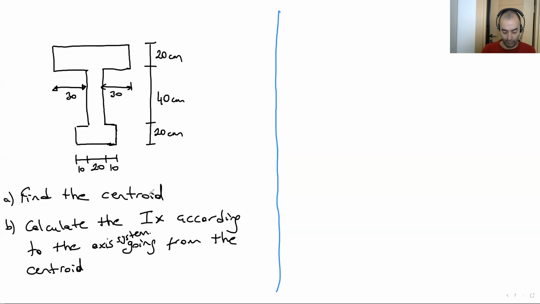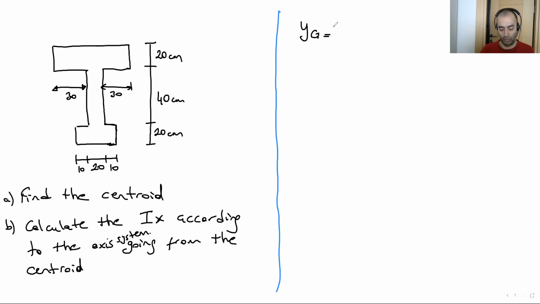To check your calculations, I'd like to give you the results. YG, the centroid location in the vertical direction. In the horizontal direction, this section is symmetrical, so XG is at the midpoint.